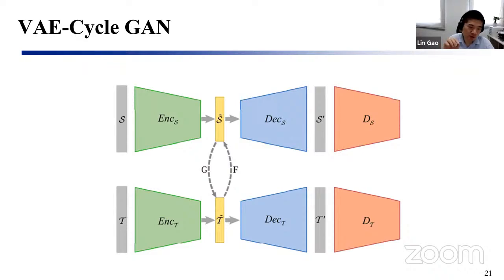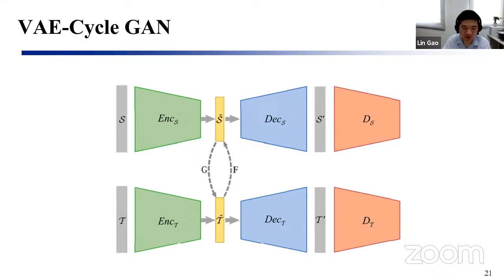So the deformation transfer has been formulated to define the mapping between the source latent code and the target latent code. The very important thing is to learn the function G and the function F. There are two mappings: the mapping from the source latent code to the target latent code, and from the target latent code to the source latent code.